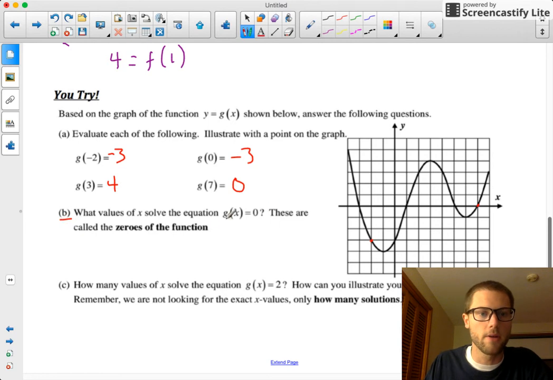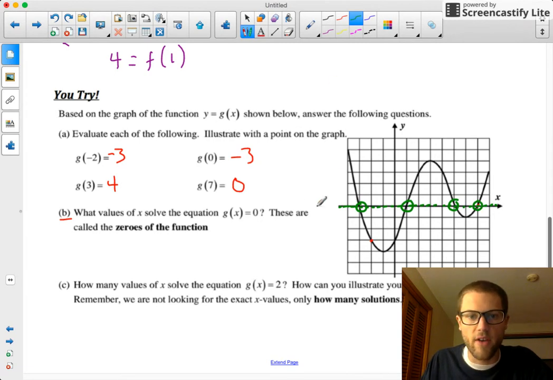On to letter B here. What values of x solve the equation g of x equals 0? So I'm going to look for when y equals 0, which is also my x-axis, wherever my graph crosses y equals 0. And I see that happen in 4 different spots.